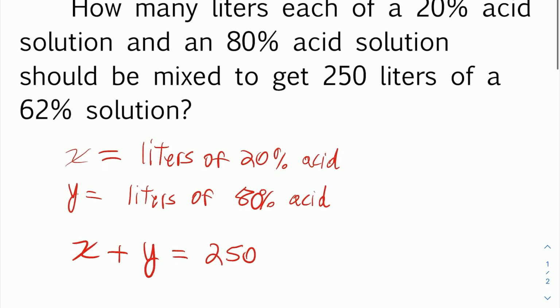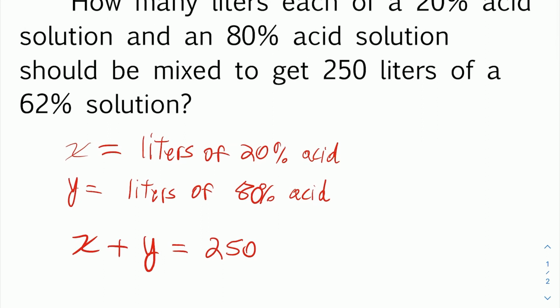So we get that equation just for the total amount of solution: x plus y should equal the 250 liters of 62% solution.